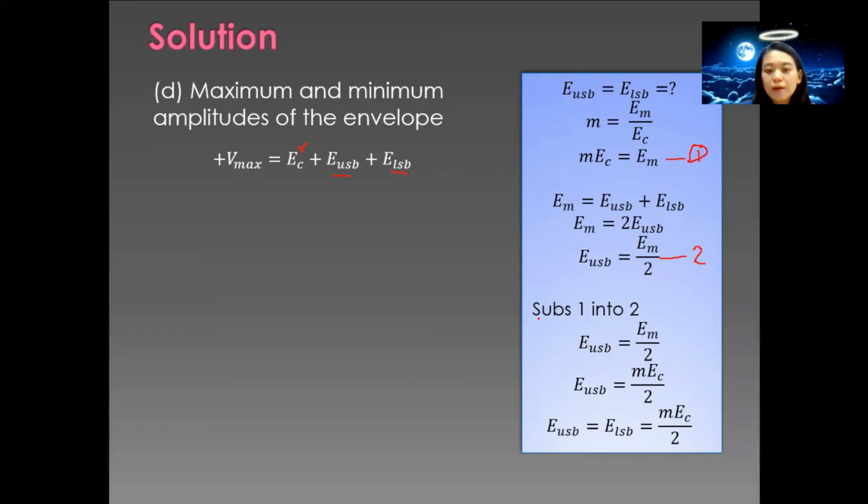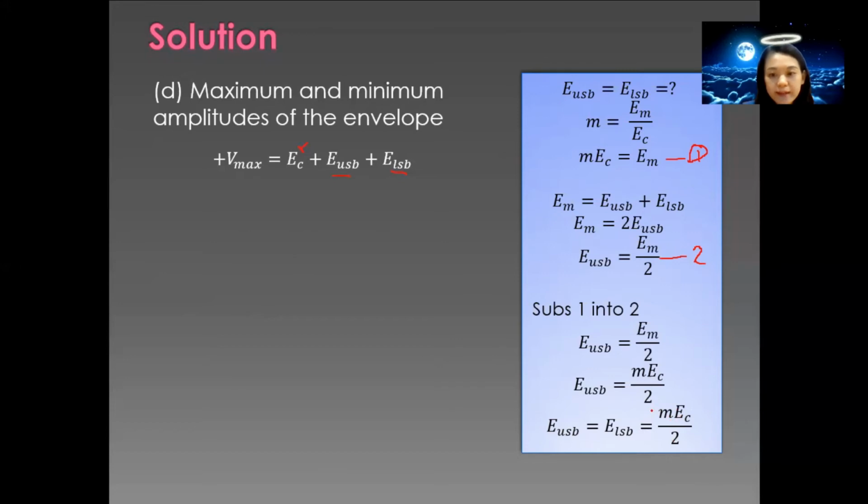Okay, now we have to substitute equation 1 into 2. So start with 2, EUSB equals EM divided by 2. Now EM we need to substitute with M EC. Put inside, we will have our voltage for the upper sideband equals our voltage for the lower sideband, equal to our modulation index multiplied by our voltage for the carrier signal, divided by 2.